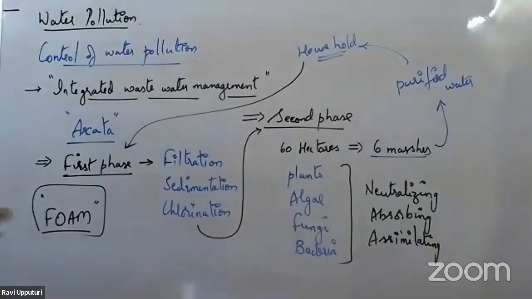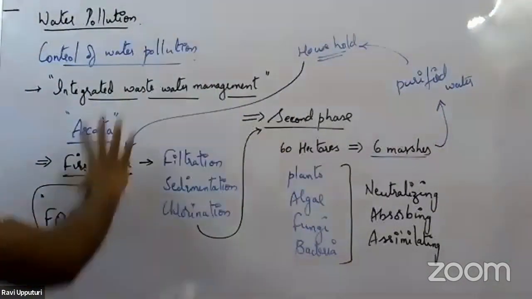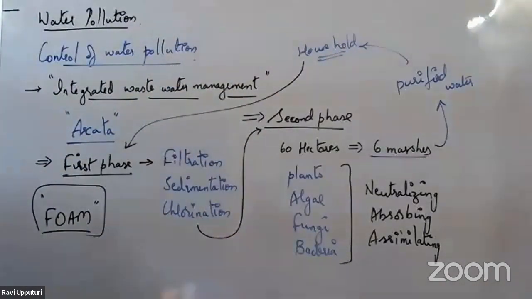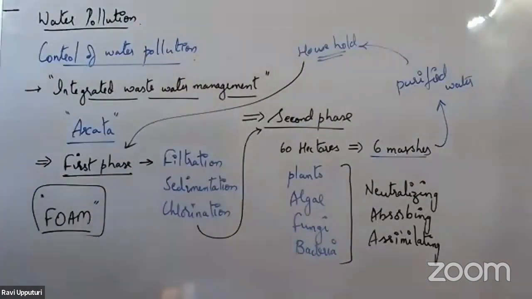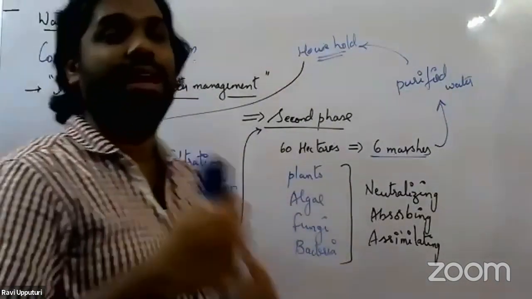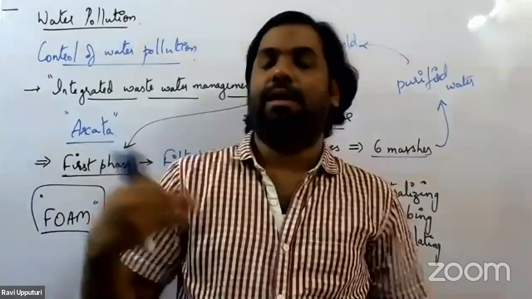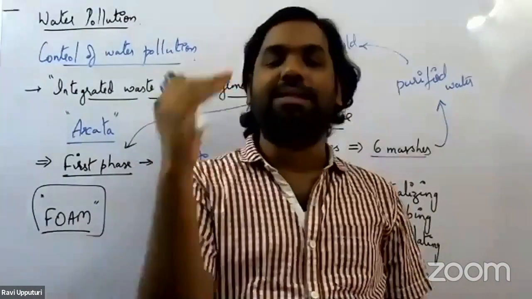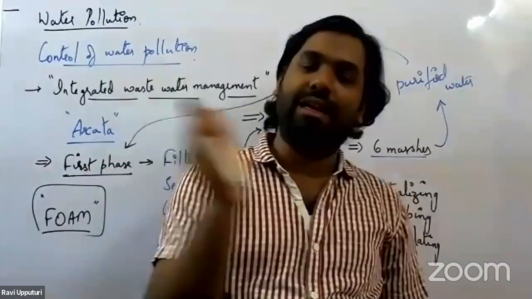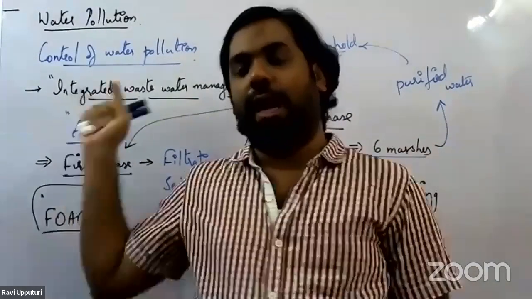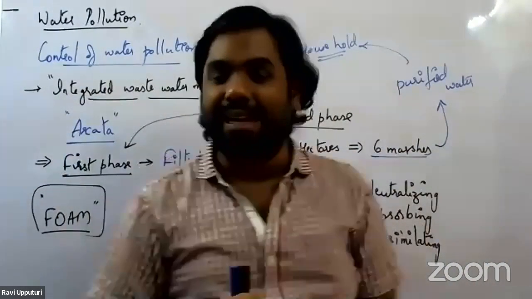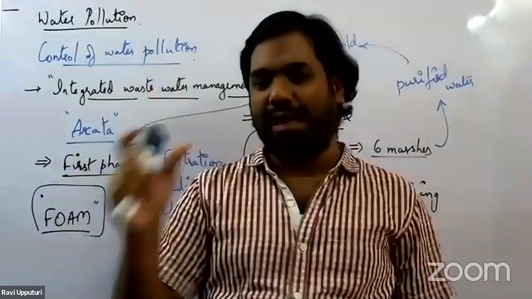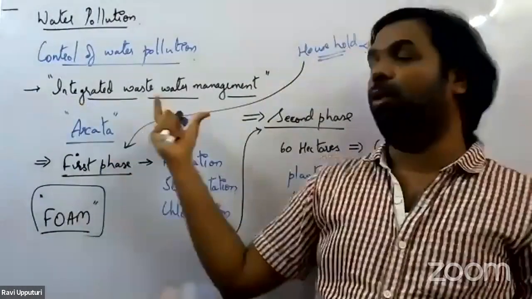This organization was responsible for governing all of this integrated wastewater management, and also for safeguarding this initiative, and also for creating awareness among the people, such that all the household domestic wastewater, rather than being directly sent into the water bodies, would be sent into this wastewater treatment plant for the process of recycling. Right? So this is what we have as a small case study with regards to integrated wastewater management.